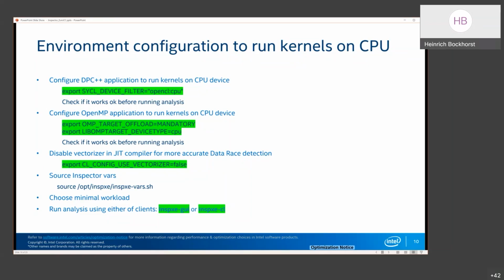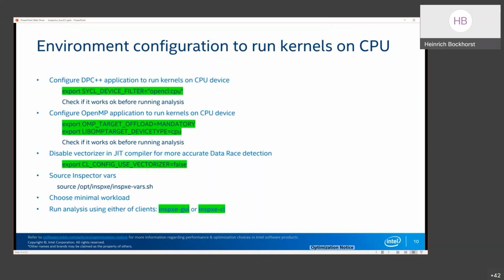That will force the execution to run on your CPU with the OpenCL backend. I don't know, it probably wouldn't work with Level Zero. I haven't tried. But follow these instructions here, using the OpenCL backend.